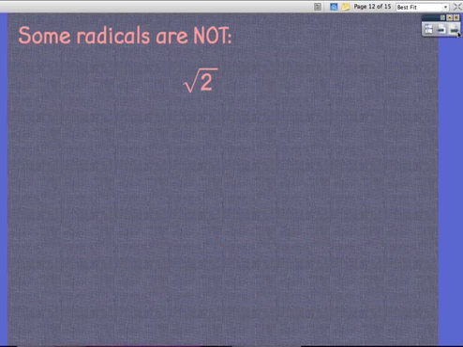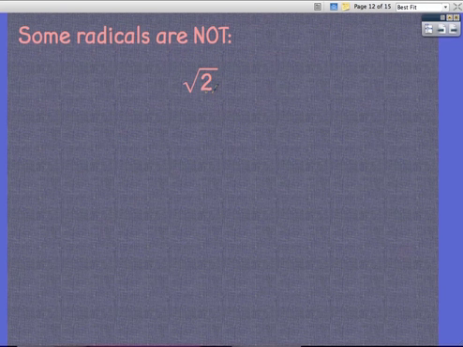But what happens when I do not have a perfect square? 2 is not a perfect square. In this case, I have to think, well, what number multiplied by itself will give me 2? The closest that I can really get here is 7 over 5. What are you talking about here?